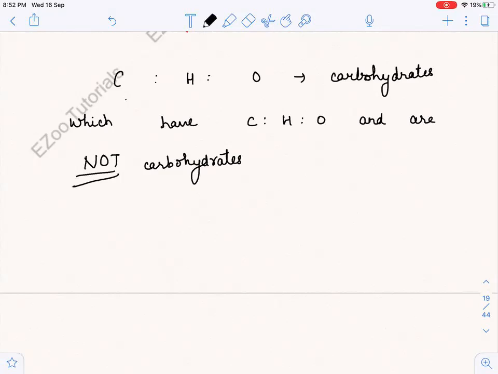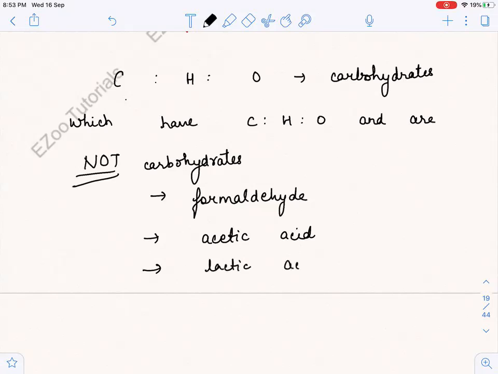Such things are formaldehyde and acetic acid. Obviously, it's written acid. They have carbon, hydrogen, and oxygen, but they are not carbohydrates. Lactic acid also has carbon, hydrogen, and oxygen, but is not a carbohydrate, right?